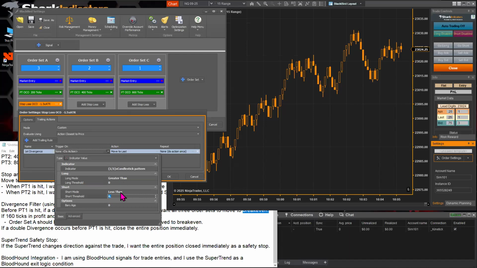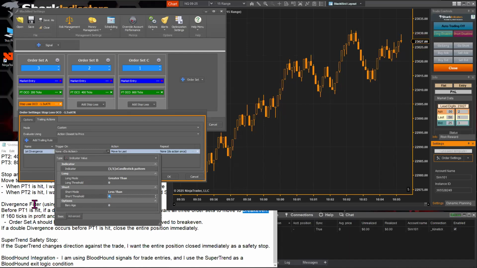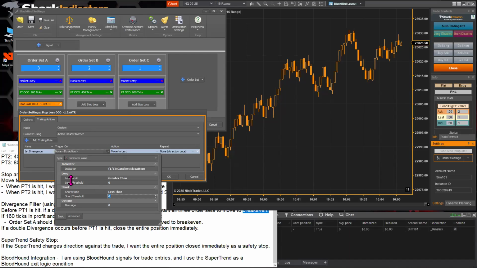So these defaults here are probably good enough there, right? But let's see here. So if we're in a long trade and we get a short divergence, let's see here. Yeah, so we're going to need to flip these, right?